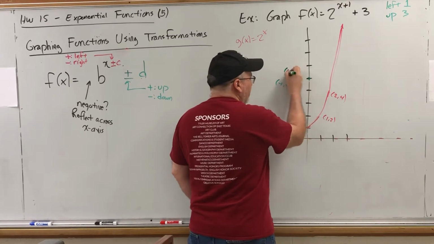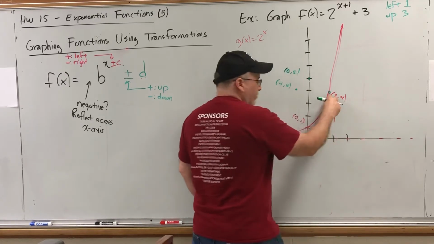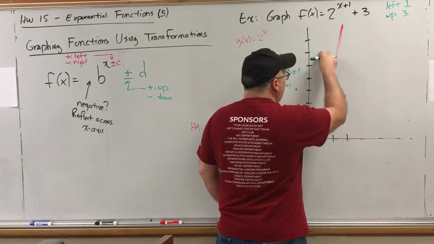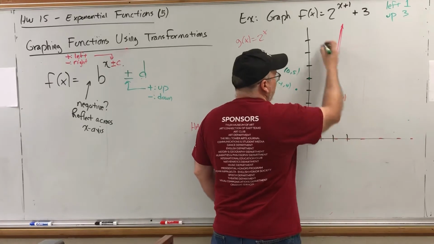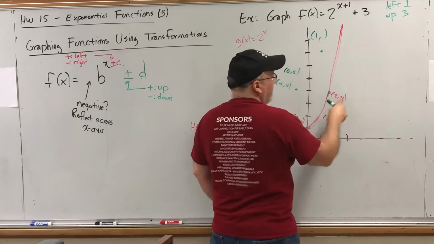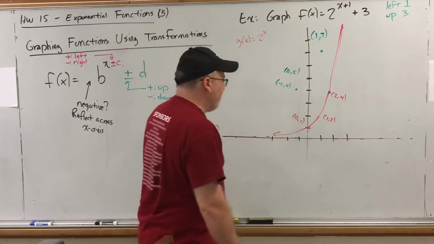That puts me at the point 0, 5. And for 2, 4, let's go left 1 and up 3. That puts me here, which I don't have to guess, because if I'm left 1, I'm subtracting 1 from the x, and if I'm up 3, I'm adding 3 to the y. So that point's 1, 7.